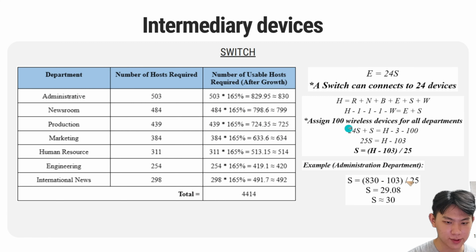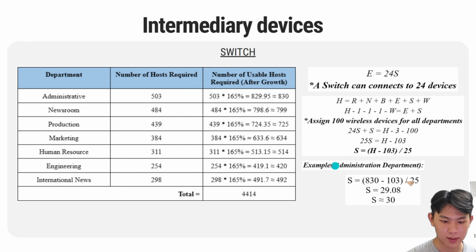For the switch, we need to perform some calculation in order to find the exact number of switches needed for each of the departments. This table shows the total number of usable hosts required by each department after growth. And the total number is 4,414. And this is the formula that we made to find the number of switches needed by one department.